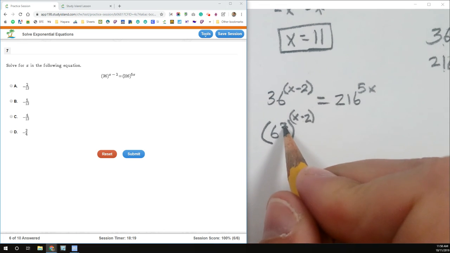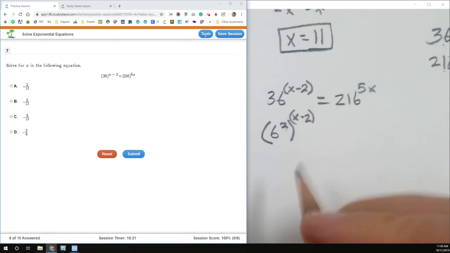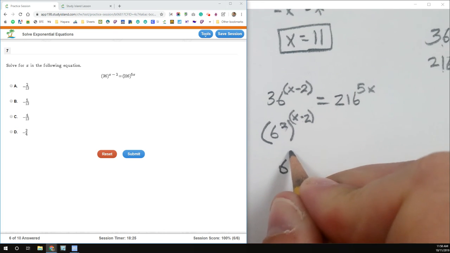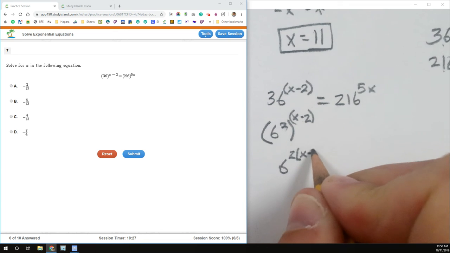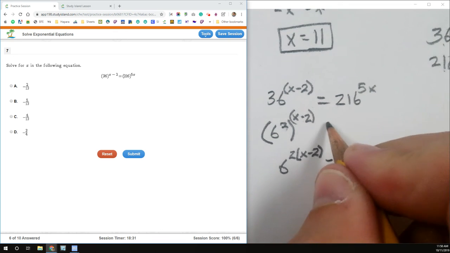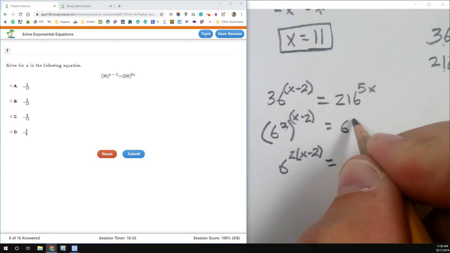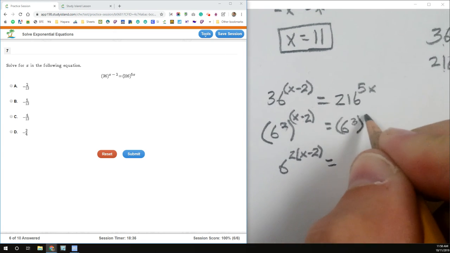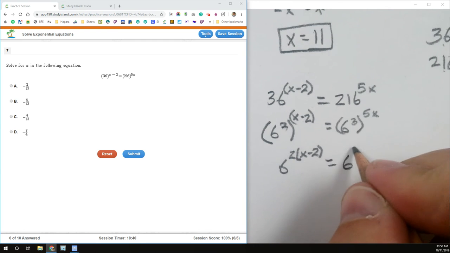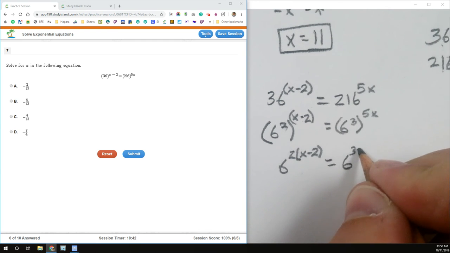So I can write 6 squared to x minus 2 like this: 6 to the power of 2 times x minus 2. And that means that 216, which is 6 cubed raised to the power of 5x, can be written as 6 to the power of 3 times 5x. I'll write that in parentheses.